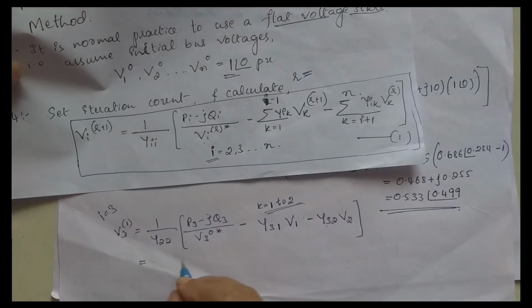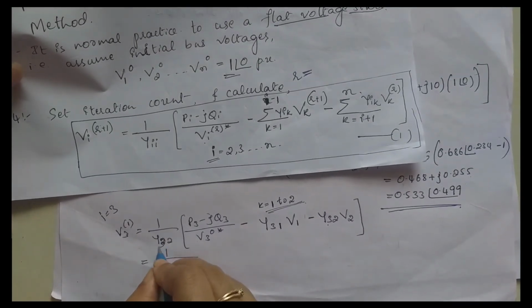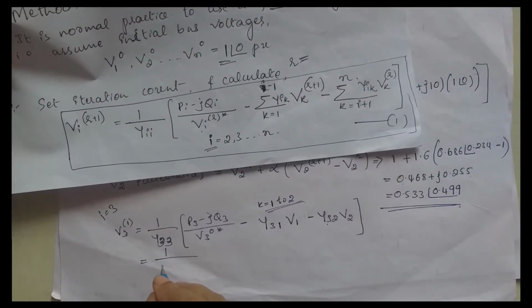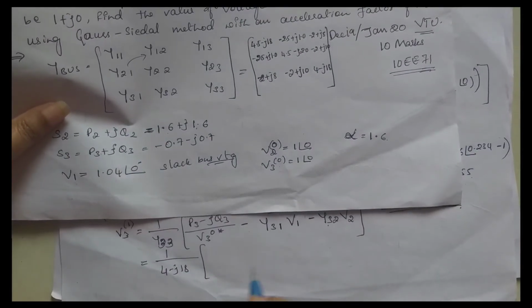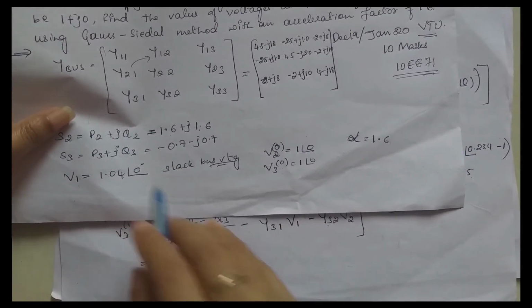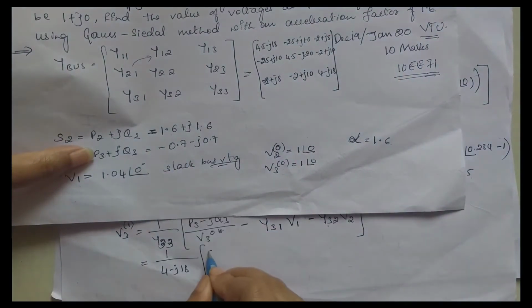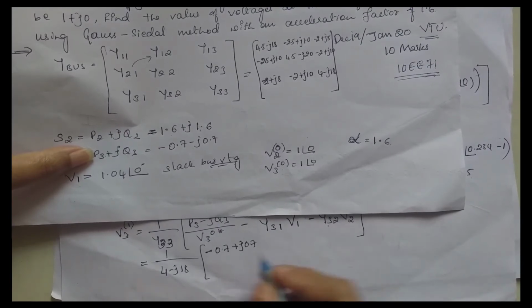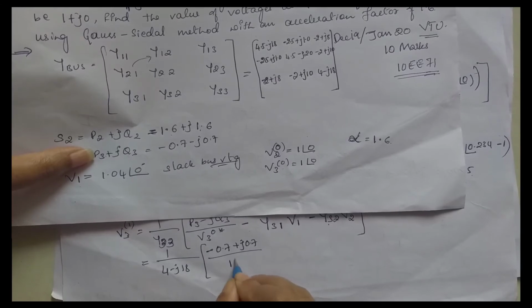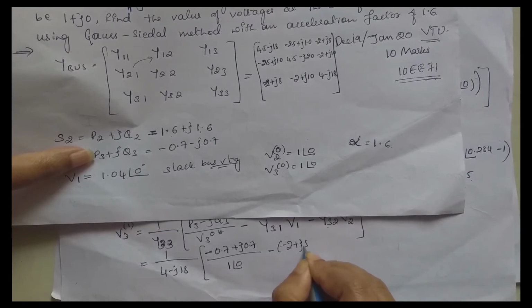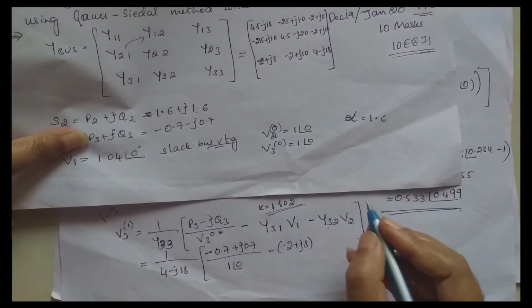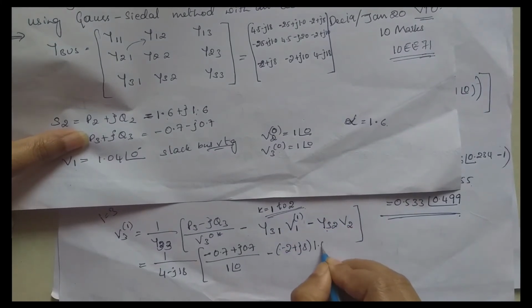Next, on substituting everything, 1 divided by y33, which is 4 minus j18, then P3 minus jQ3, it is plus here, so minus 0.7 plus j0.7, divided by V3 0, 1 at an angle 0, minus y31, which is minus 2 plus j8, and V1 1 is 1.04.